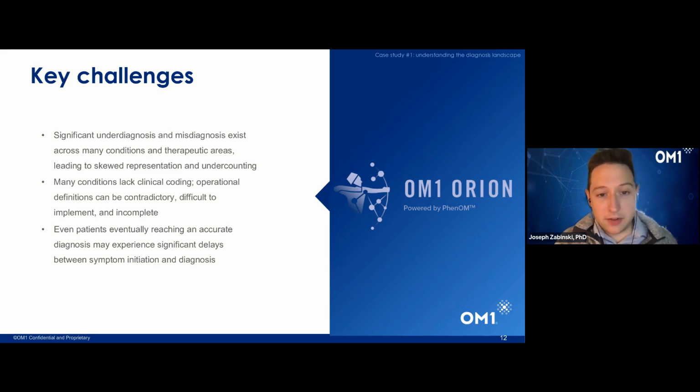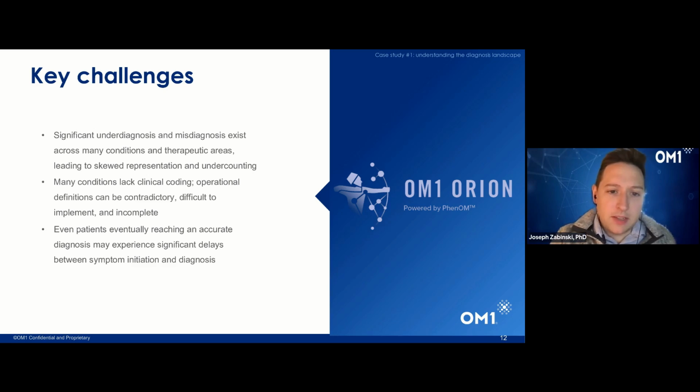They can be contradictory. Sometimes we'll have operational definitions that contradict one another for the same condition. They can be hard to implement in data sets, just from a technical point of view. A lot of times missing data frustrate our ability to apply operational definitions, and they're almost always incomplete. They miss patients, and I'll show an example of that in a moment.